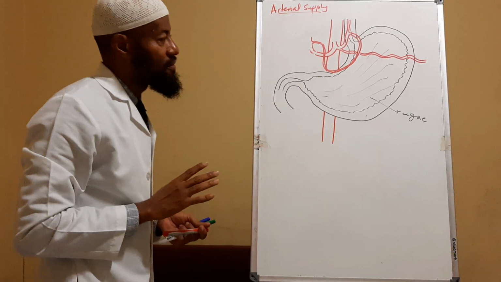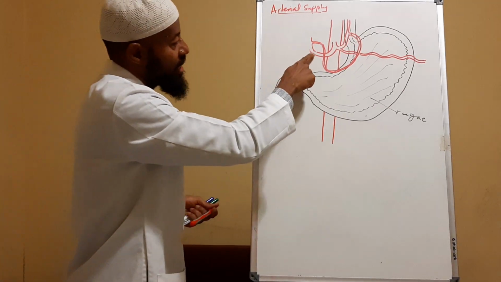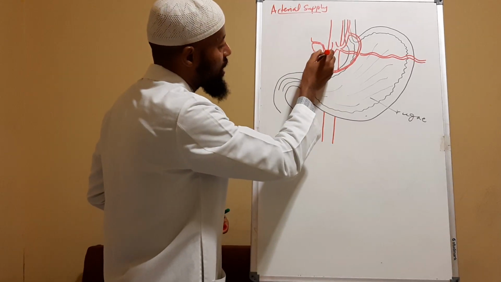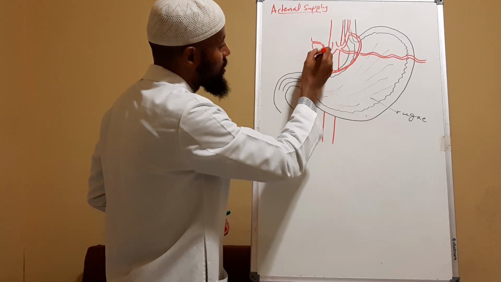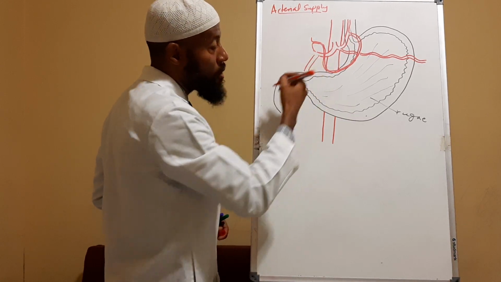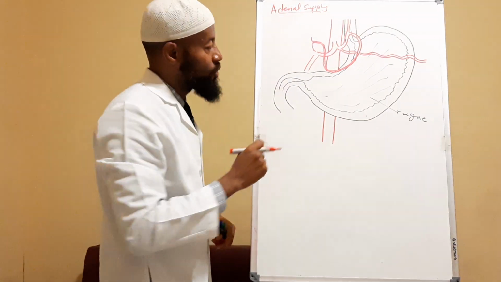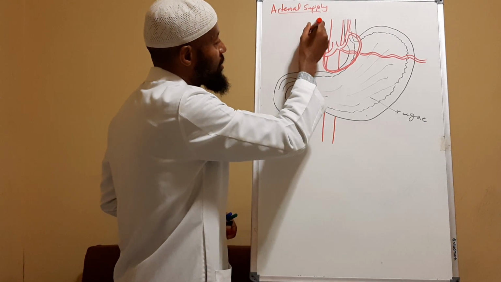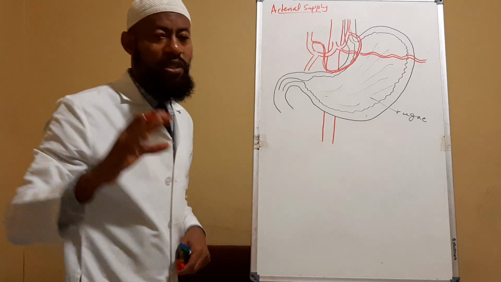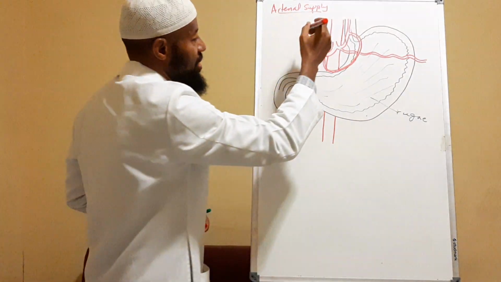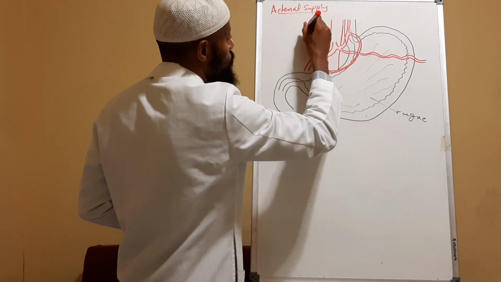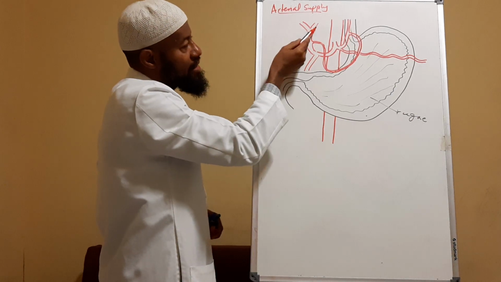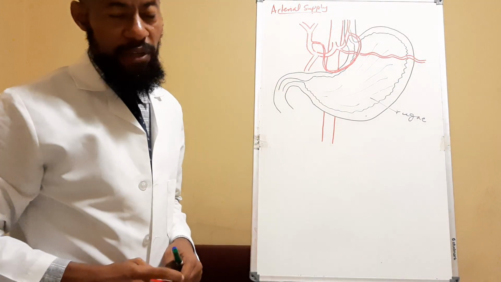Now the story doesn't end there. The common hepatic artery gives a branch that is dropping downward, and the common hepatic artery continues to go upward, continues to drive as if it's looking for something upstairs, and then it branches off into two arteries called the right and left hepatic artery.